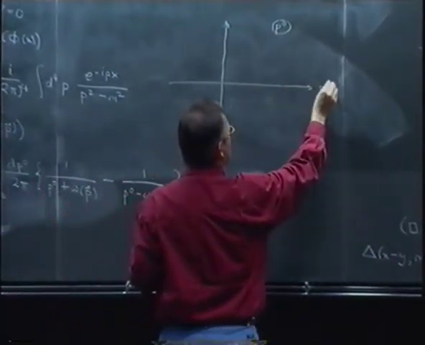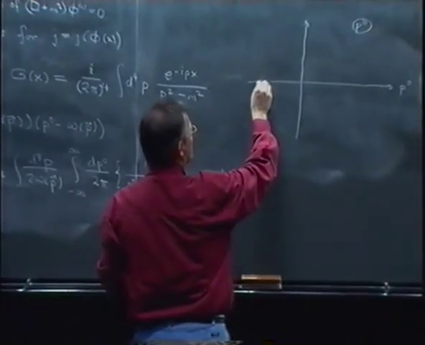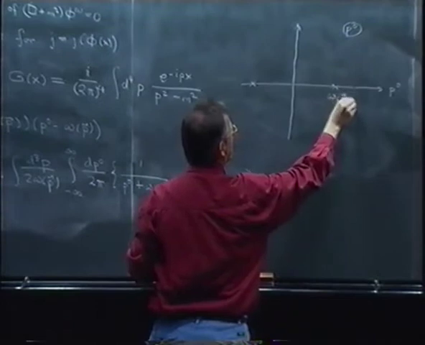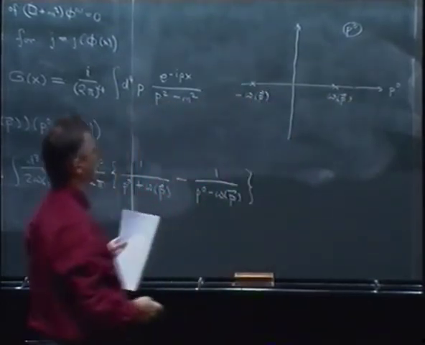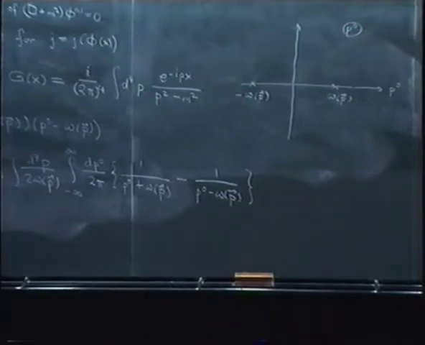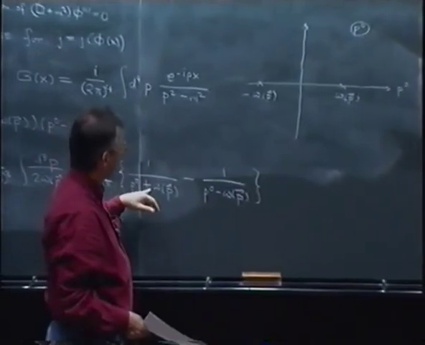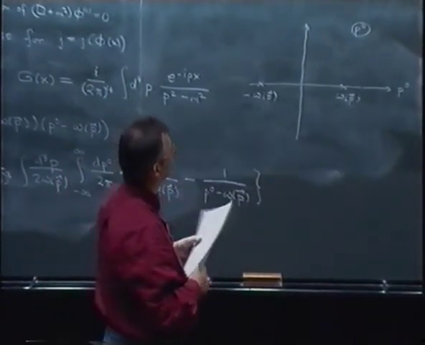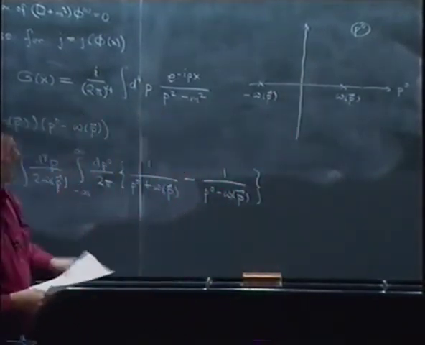We now extend this to the complex plane, and then we see that this integrand will have poles at omega of p and minus omega of p. Now, in order to specify the value of this integral, you need an instruction on what to do about these poles. And this is, of course, why I introduced the complex plane.